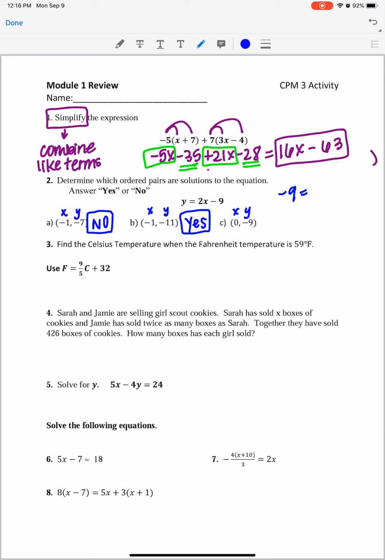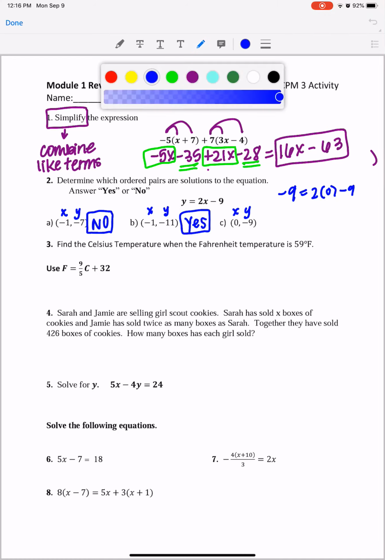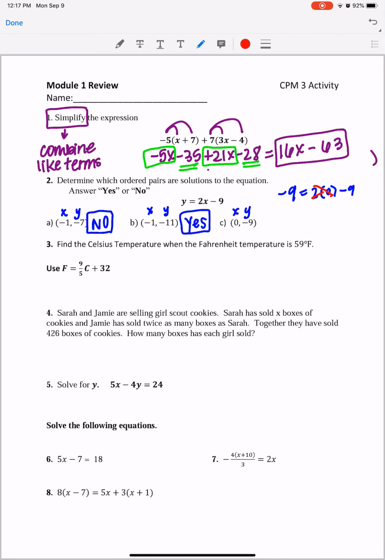Negative 9 equals 2 times x, my x is 0, and then minus 9. Well, 0 times anything is 0, so that just goes away right there. So we get negative 9 equals negative 9. That is a true statement. So this last one is also a yes.